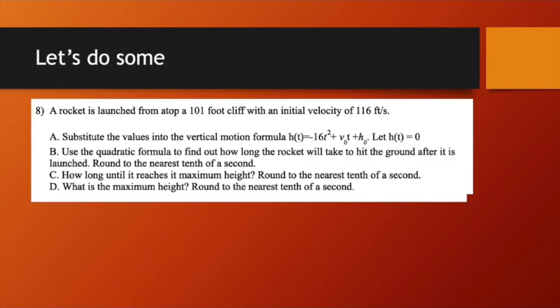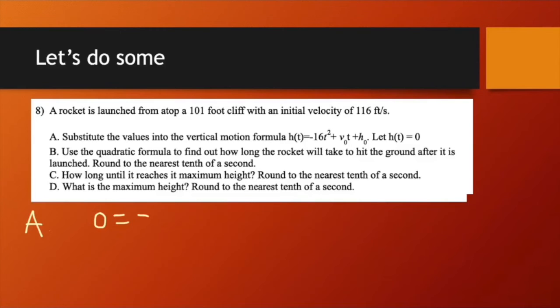Okay? So it's 0 equals negative 16t squared plus. Do we have the velocity? We do. Do you have initial velocity? Yes, 116 feet. What did you put in for h of t? 0. Okay, 0. All right.